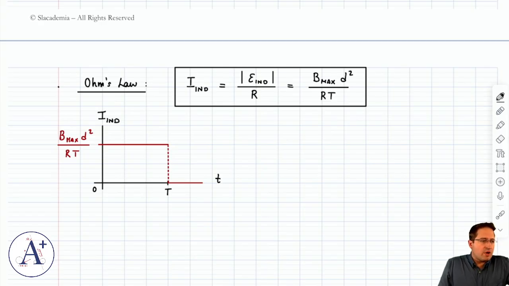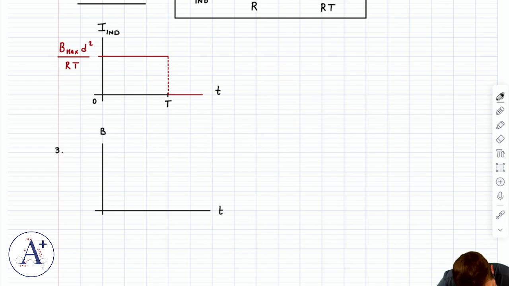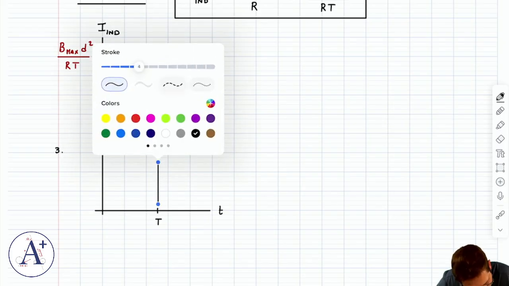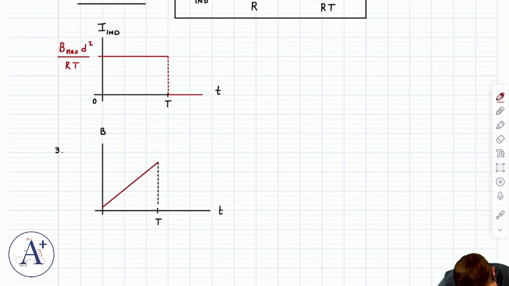Now, question 3: what happens if the magnetic field is reduced at the same rate as it was previously increased? So now, this was B as a function of time. B is going to grow from 0 to B max in time capital T, which gives me a certain slope.